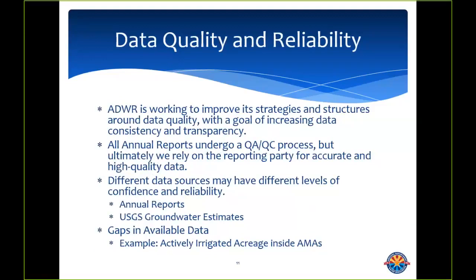There are many ways in which this data and the way we look at it as an aggregate can be improved, and we hope that increased transparency can help generate productive conversations around what those improvements might be. Through increasing the transparency and accessibility of both the raw data and the data tools like that dashboard, in concert with a number of other agency efforts, ADWR is working to improve its data consistency, reliability, and transparency.